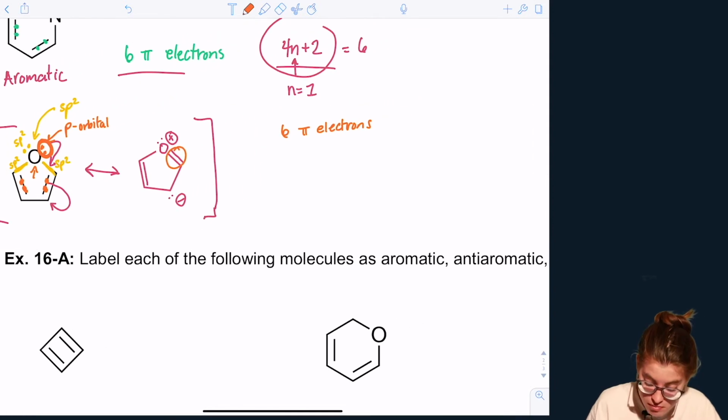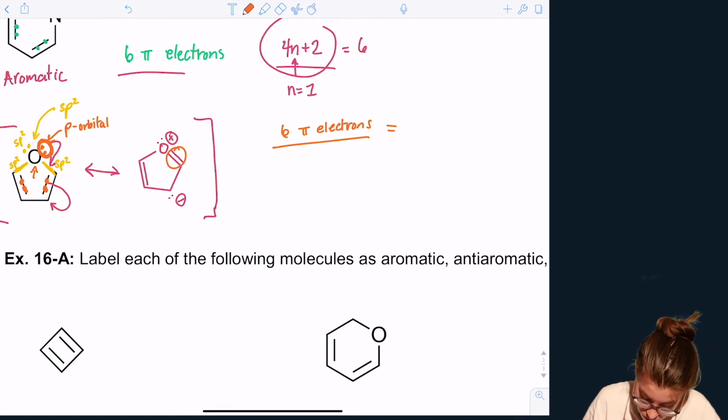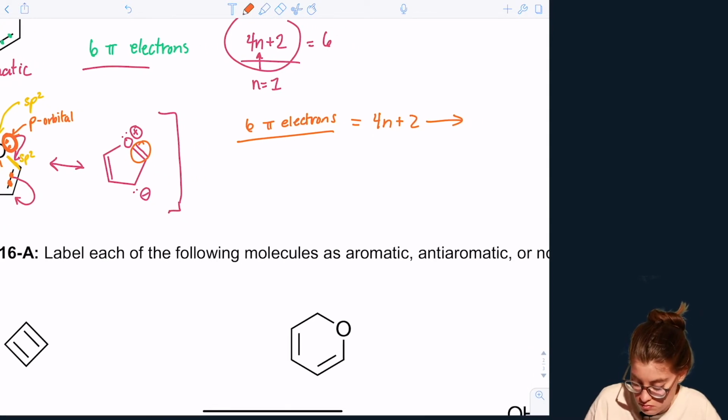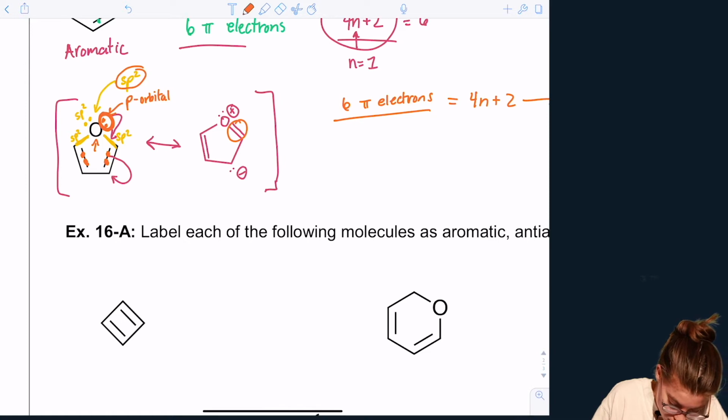Now, if we have 6 pi electrons, which equation do we need to use to get to 6? 4n or 4n plus 2? Well, it's exactly what we did above here. It would be 4n plus 2, meaning our molecule would be aromatic. Okay? So, if our oxygen is sp2 hybridized, then the molecule will be aromatic.